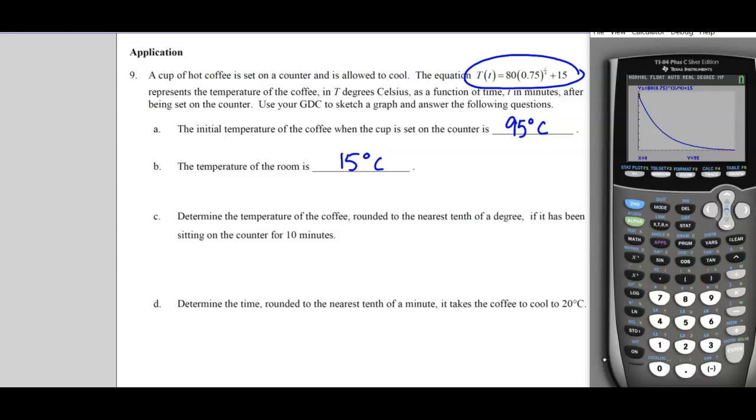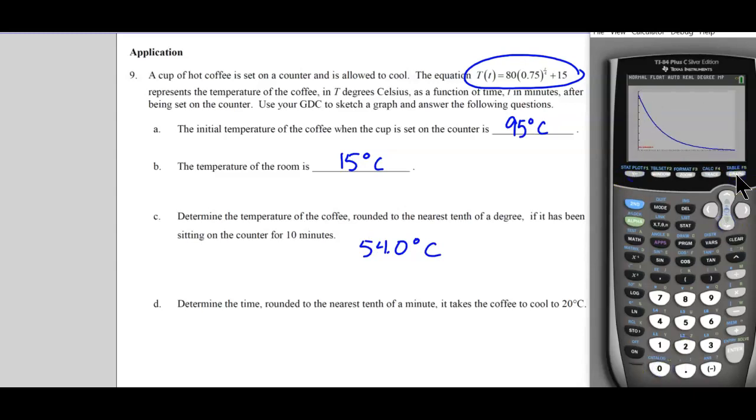So determine the temperature of the coffee to the nearest tenth of a degree, sitting for 10 minutes. So trace, just punch in 10, that's your x value. And that's going to be nearest tenth, 54.0. And then vice versa, to cool to 20, that's when, on your calculator, you graph y equals 20.